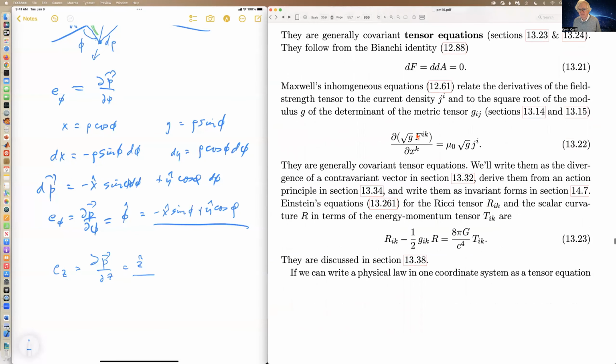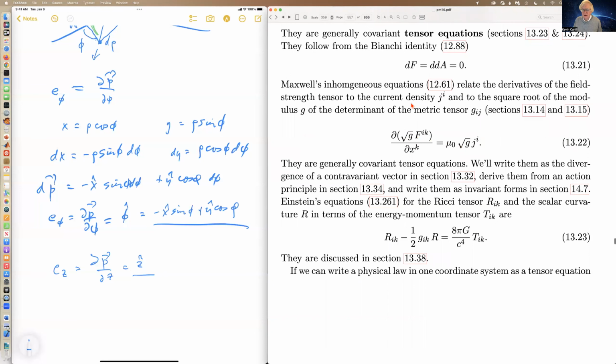And here the inhomogeneous equation, when you write it in terms of the space-time metric, is the derivative, or the gradient, of the square root of g times F^ik equals the square root of g times a current.